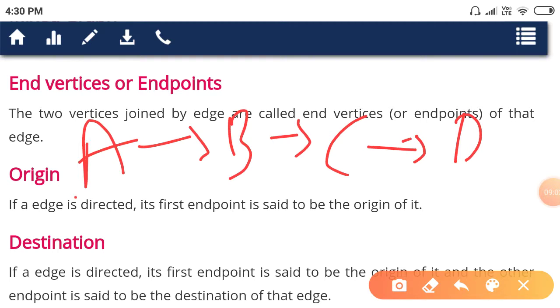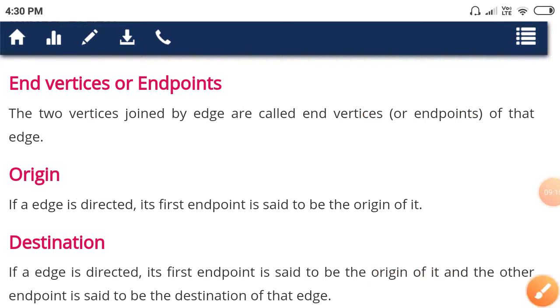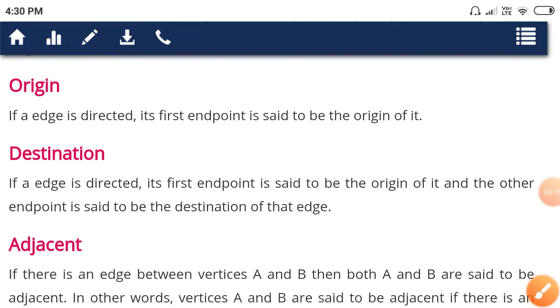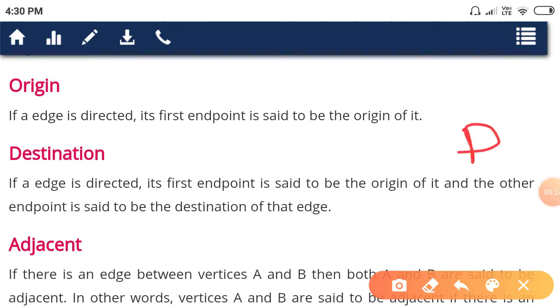In this, the first endpoint is said to be the origin of the edge, and then the destination. The other endpoint is said to be the destination.